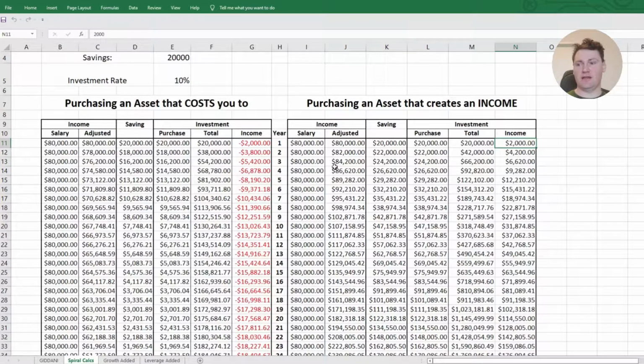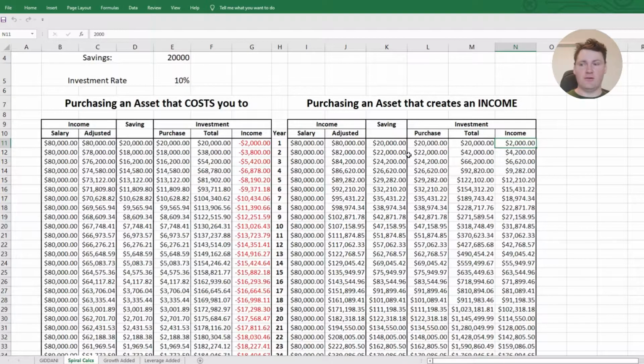Therefore, your adjusted income for this year is $82,000. So the net between an asset that costs you money to maintain in your portfolio and an asset that produces money in your portfolio, for this example, is $4,000, because it's plus 2 here, minus 2 on the other side.